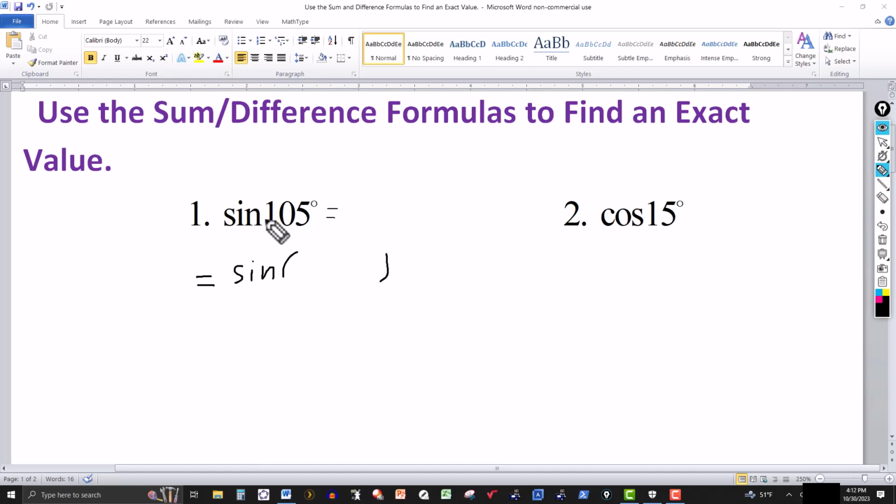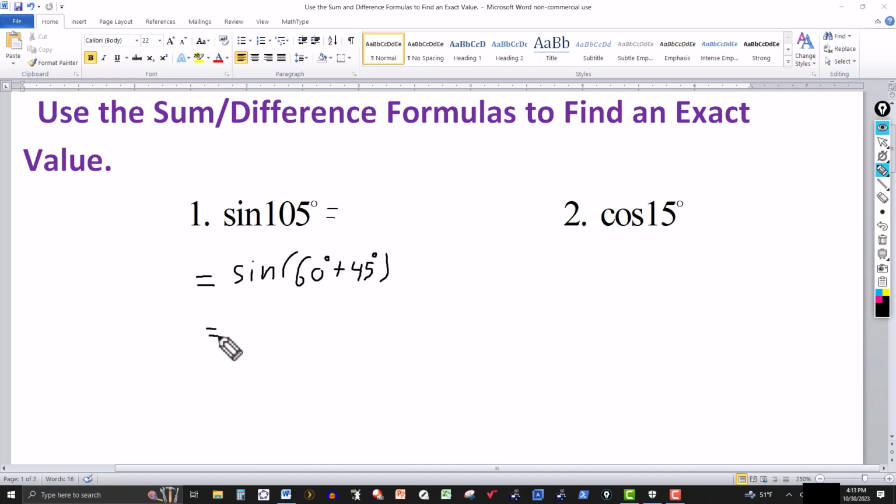So you can see here that 105, I can write it as a sum of 60 plus 45. 105 as it is there, can't find an exact value.